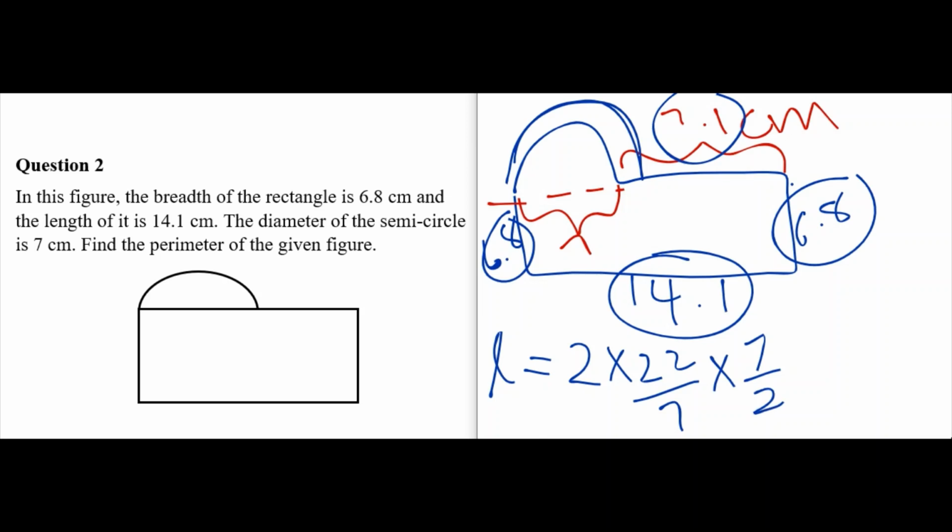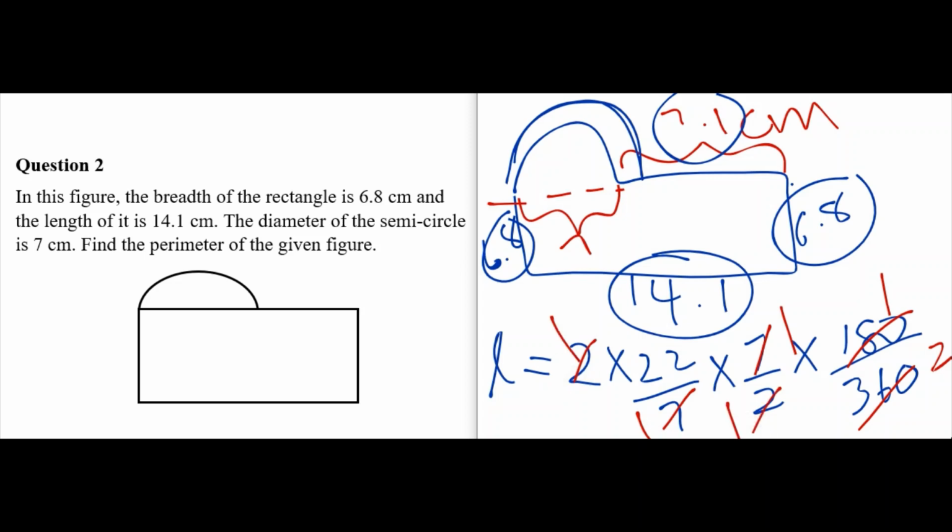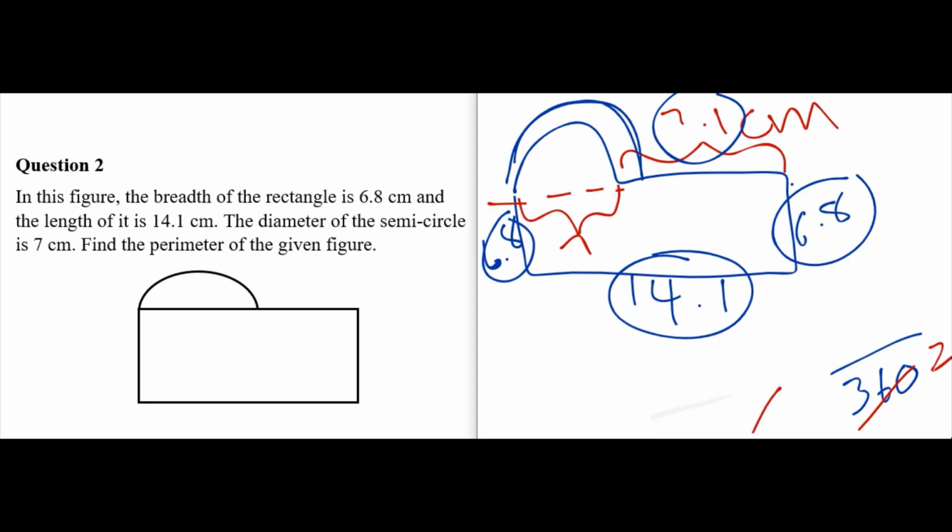I told you previously that it's better if we use 7 over 2 than 3.5. So we have 180 over 360. So 1 and 2, 1 and 1, 1 and 1. So finally we get 22 divided by 2. Therefore we know the arc length is 11 centimeters. So I'm going to mention it over here so that we don't forget.